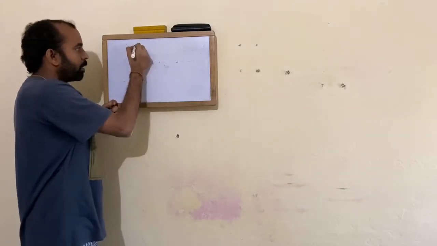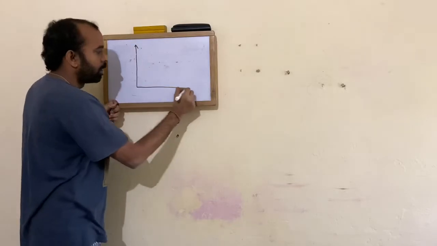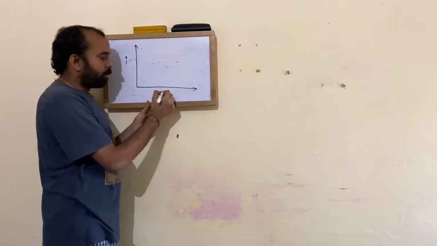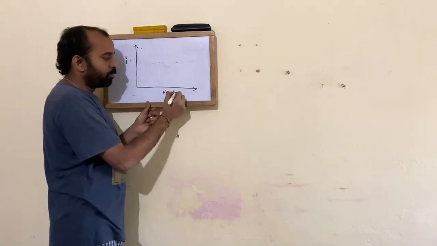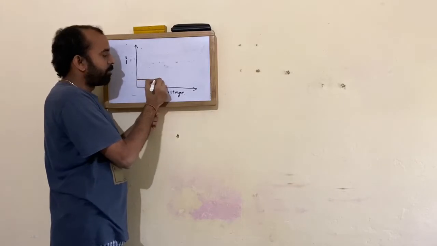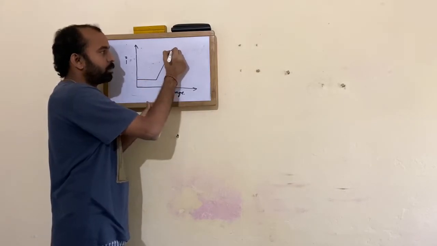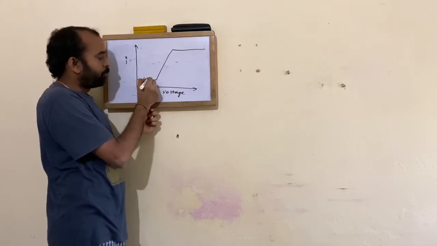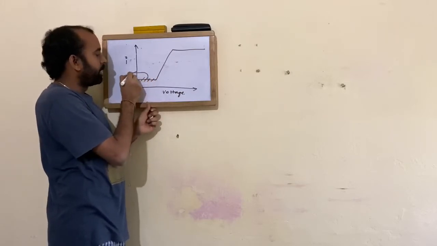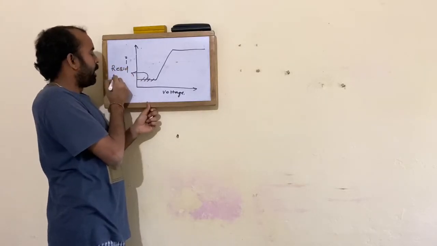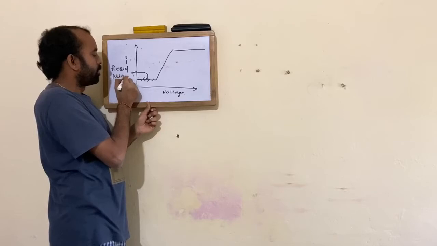This is your I, that is current, and that is the voltage applied. If you plot it, you have a graph. That graph shows in this fashion, and up to this point it contains both residual current and migration current.